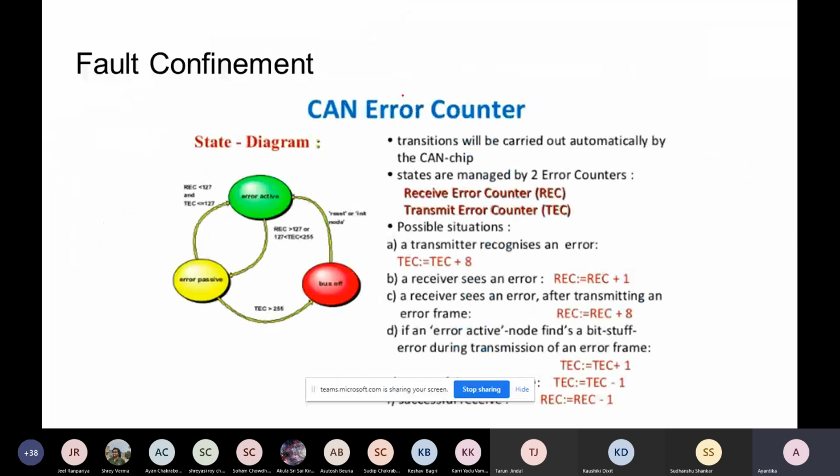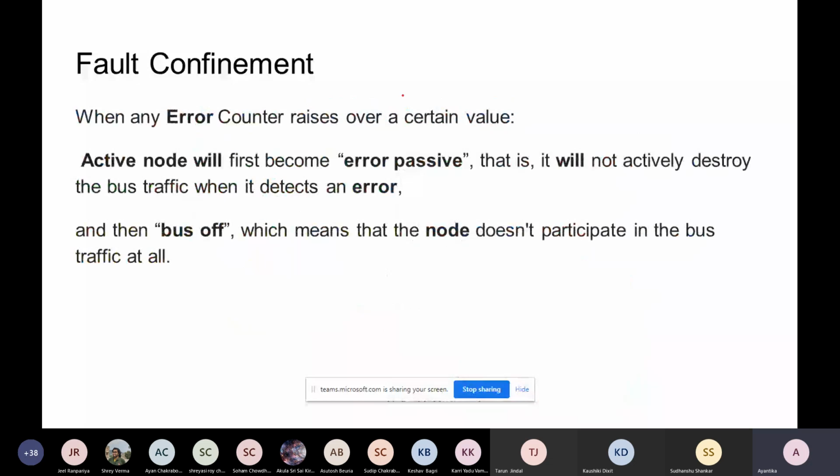Now, why are we discussing fault confinement? Think about the CAN nodes connected with a normal CAN bus. Maybe node A is detecting some error, maybe due to a delay or some congestion on the CAN bus.